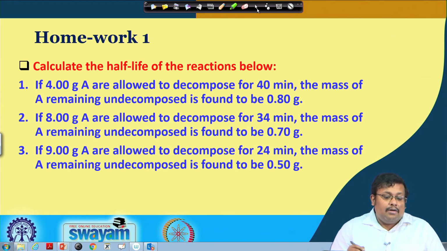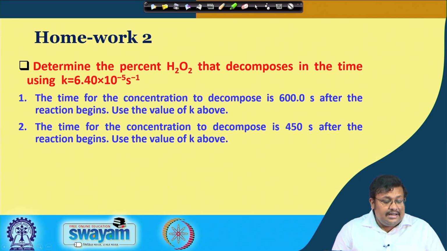Now, another homework for you guys is determine the percent H2O2 that decomposes in the time using this rate constant, and the first condition is the time for the concentration to decompose is 600 seconds after the reaction begins, and in the second problem the time is 450 seconds after the reaction begins.